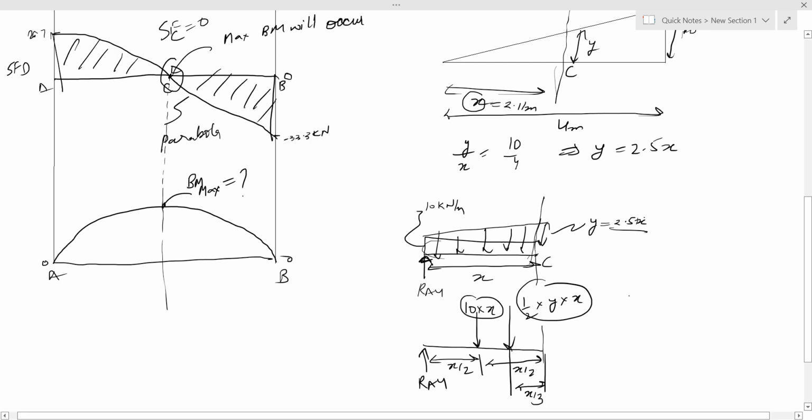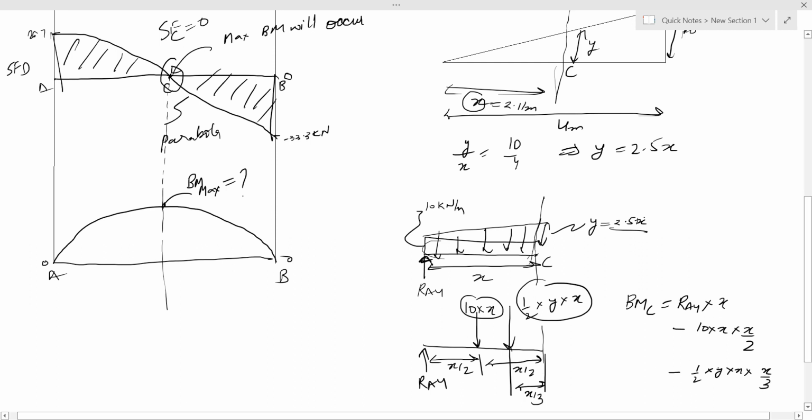So to find the bending moment at point C, it will be equal to RA into the total distance X, minus 10 into X for UDL into its perpendicular distance from point C, X by 2, and minus half into Y into X into perpendicular distance X by 3.